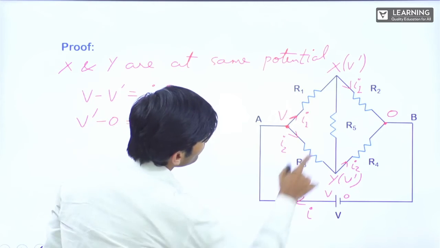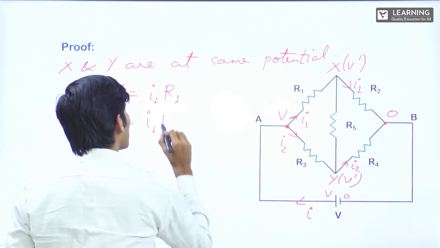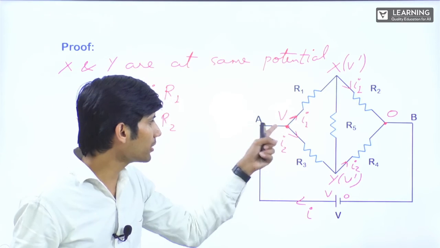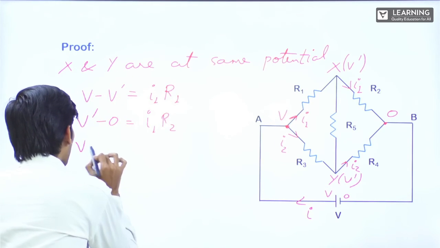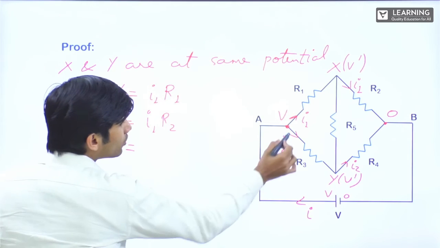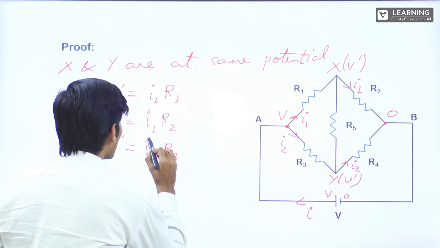Or let me write I1 R2. For this, if I want to write V minus V dash, again this point is at V, this point is at V dash, it is equal to I2 R3. Delta V is equal to IR.